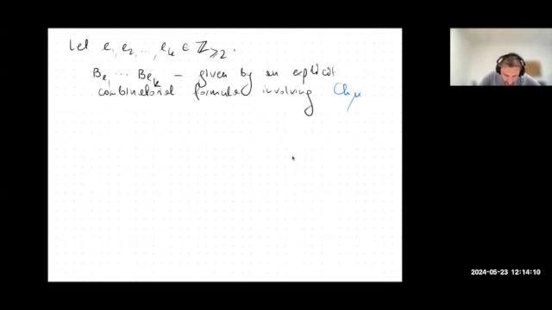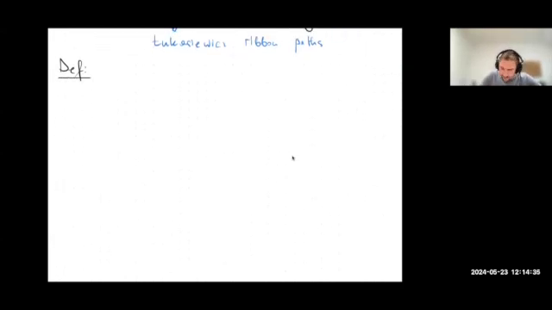And this formula involves so-called Łukasiewicz ribbon paths. Łukasiewicz ribbon paths are certain lattice paths that I'm going to define now.